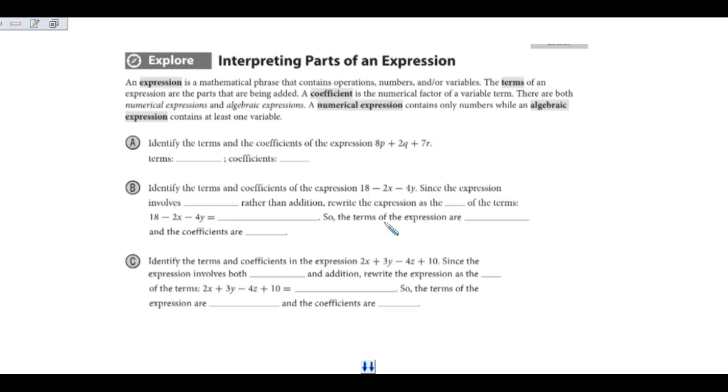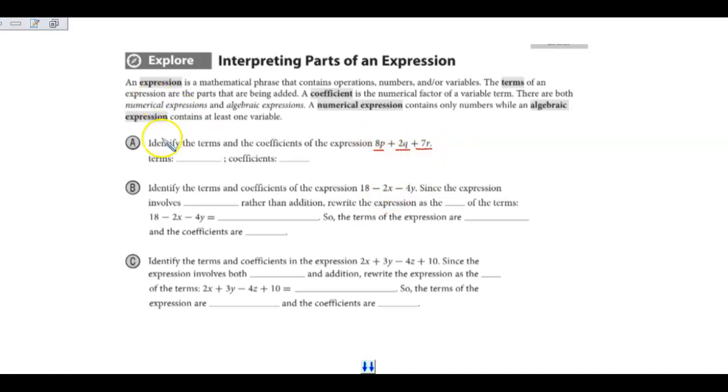For example A, they want us to identify the terms and the coefficients of the expression 8p plus 2q plus 7r. And when I look at this, terms are parts that are being added. So I have 8p plus 2q plus 7r. So I have three terms.